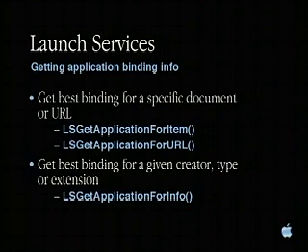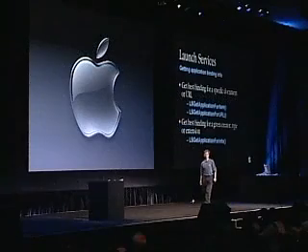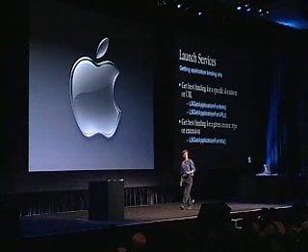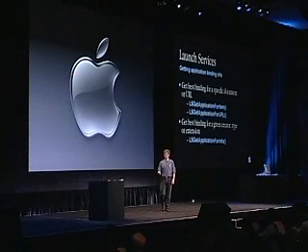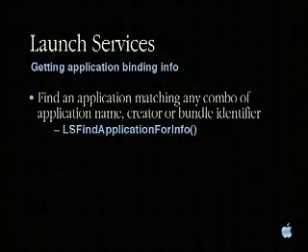If you don't have an item, but you have some metadata, a creator, a type, or an extension, or maybe all three or some combination, you can pass in whatever you have to GetApplicationForInfo, and it will return the best match for binding that metadata. And finally, this is kind of an oddball, but if you have something else to identify an application, such as an application name or just a creator, or a bundle identifier like com.apple.sketch, this API will search the bindings database for that application. That might be something you need to do, especially with a bundle identifier.